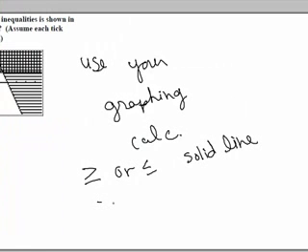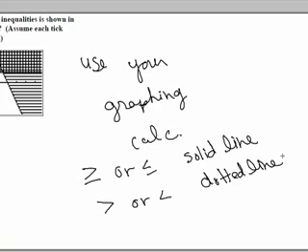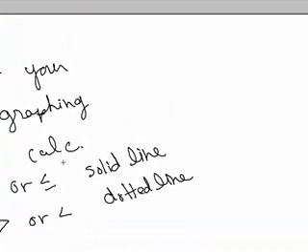If you have greater than or less than, you will have a dotted line. Now, if you recall from the ebook, they don't show dotted lines. They make the dotted line really thin and make the solid line really thick. So pay close attention to that, please.